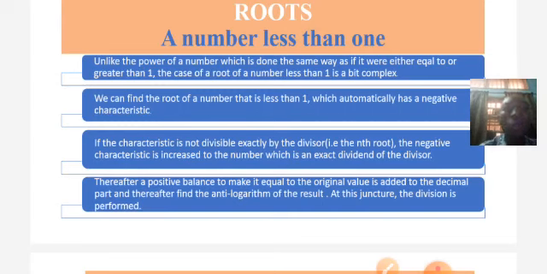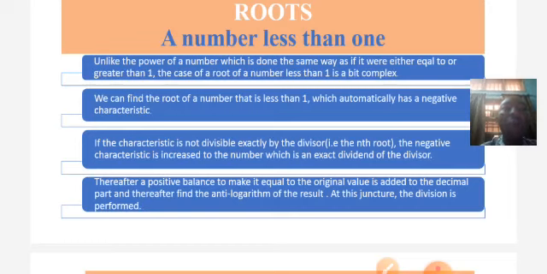Point 2. We can find the root of a number that is lesser than 1, which automatically has a negative characteristic. From our characteristics and mantissa class, we said when you are dealing with numbers that are lesser than 1, the characteristic always gives you a negative.